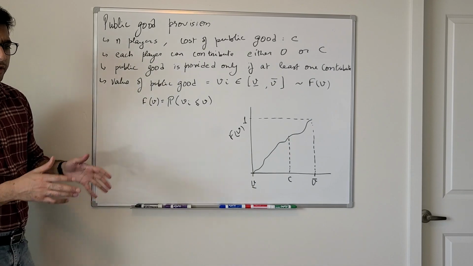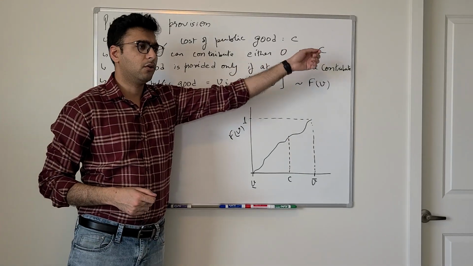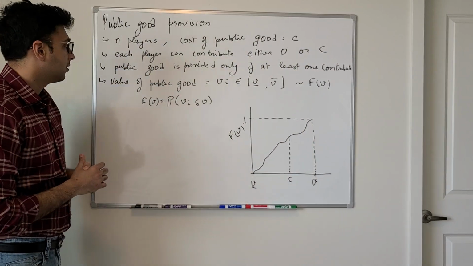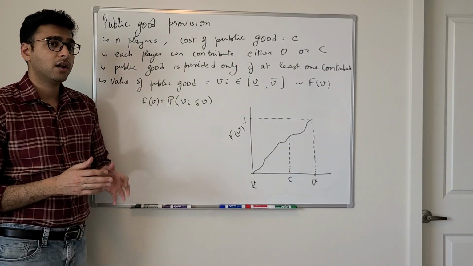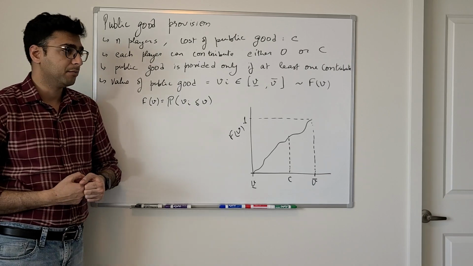Each player, we restrict how much each player can contribute to be either 0 or C. The public good is provided if at least one person contributes, and the value of the public good can be different for different people.